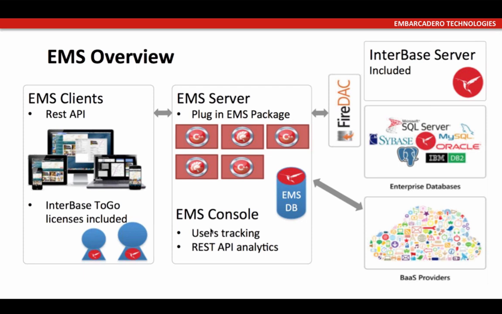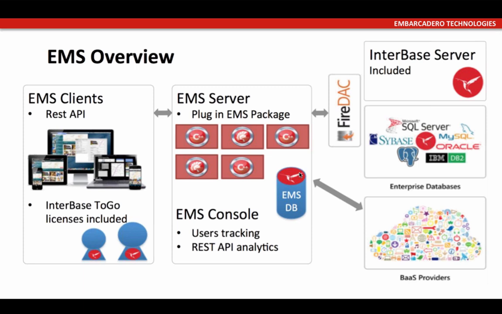This lives with your web server, again, as an installable module, and there's an EMS database that is tracking the interactions with those resources. It's also managing the user accounts and the authentication of those accounts. These two pieces are part of the turnkey solution that get deployed when you go to production.